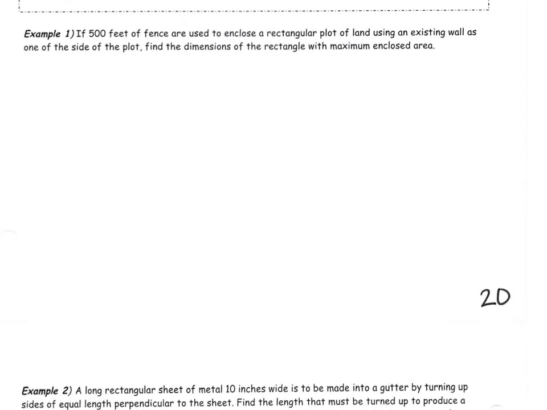All right, so we have 500 feet of fence. Okay, we have 500 feet of fence used to enclose a rectangular plot of land. So I'm going to draw a rectangle because it says rectangular plot of land. And there's an existing wall on one of the sides.